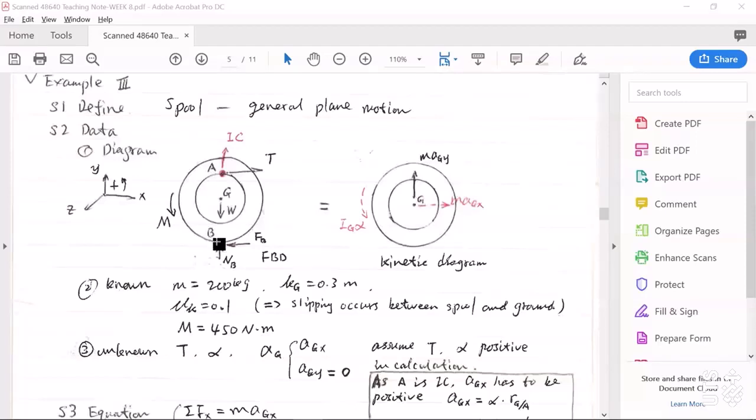At point B, the contact point between this spool and the ground, there's reaction force NB. And here there is a friction force. This is kinetic friction force, so this means at this point there is slipping, and the direction of this friction force FB should be to the left side. And this direction can be determined using the method we introduced before.